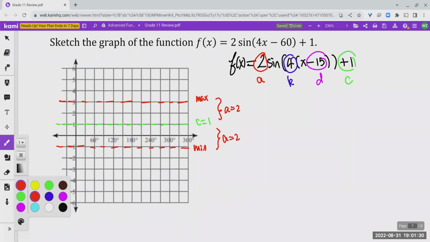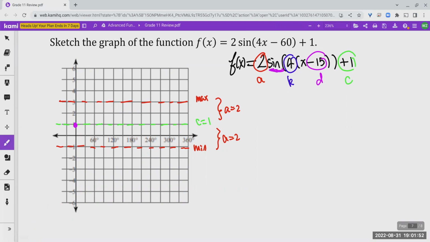What about the starting point? Where does the graph start? Because this is sine, sine starts in the middle. It starts on the horizontal axis. But wait, it's x minus 15, right? So the phase shift is 15 to the right.